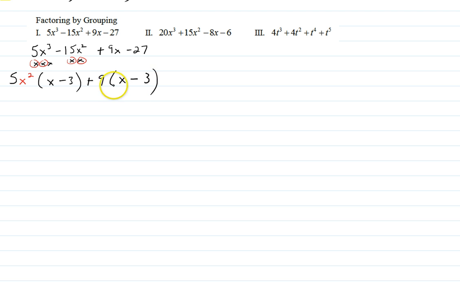So I knew something wasn't working because these weren't going to be the same, and so I had my sign wrong there. Alright, so these have to be the same, which they are. So when they're the same, all you do is you rewrite it by putting these together. 5x squared plus 9, and then x minus 3. You only write this one once.